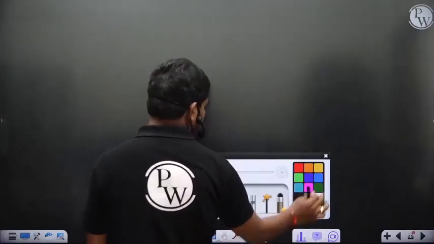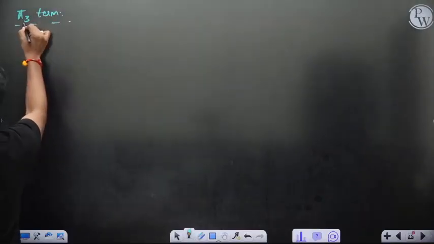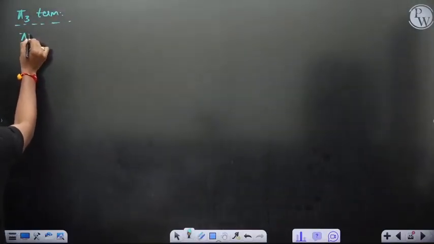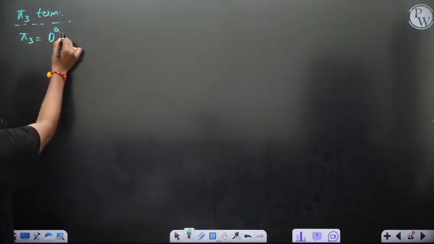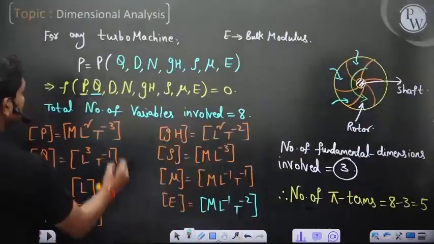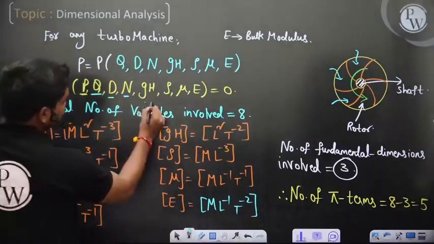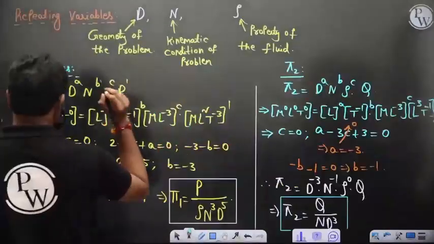Now let's see the pi 3 term. Pi 3 is equal to d power a, n power b, rho power c. What's the next term? D is completed. Already we have taken the repeating variables. N is also finished. We have taken gh, so let's take gh to be the 4th term.